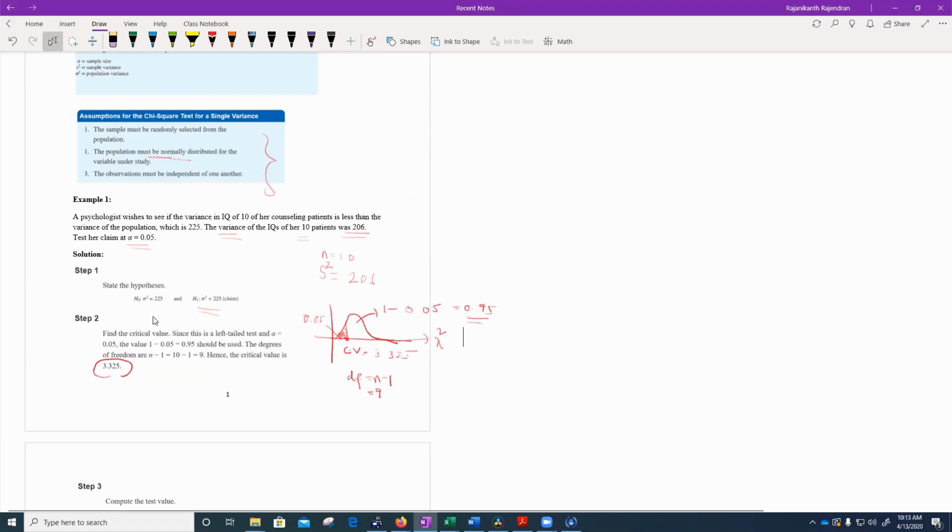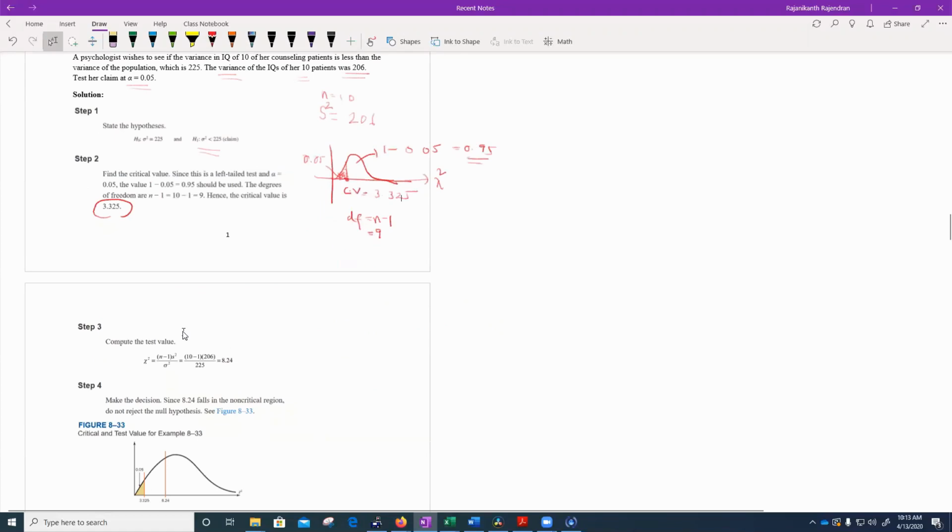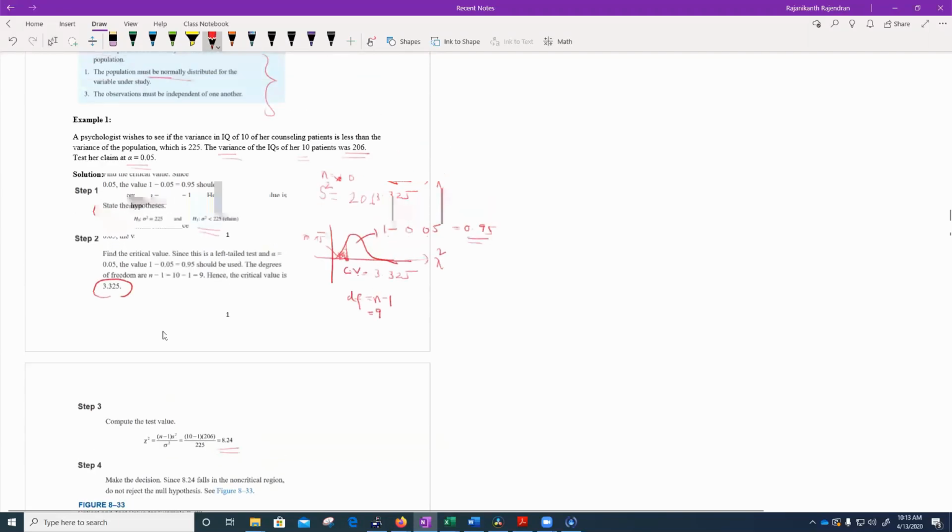Okay. So the test statistic chi-square is (n minus 1) s squared over sigma squared, and n is now 10, so 10 minus 1 times the sample variance 206, over the population variance 225. Plugging all the values in will give you 8.24. Where is that? Oh, it is far away from the critical value, right?